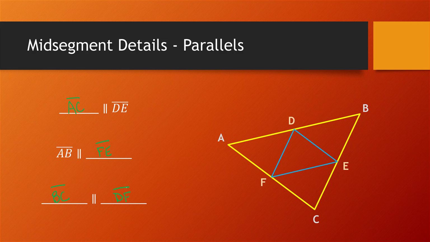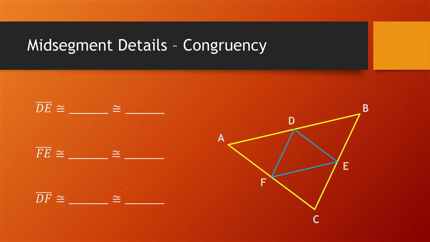Midsegments aren't just parallel, they also have a lot of congruency. This midsegment DE is congruent to 2 other segments in this triangle diagram. Remember, the midsegment is half the length of that third side, or in other words, the third side is twice the length of DE.